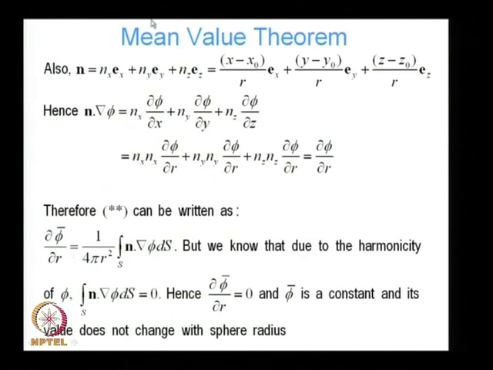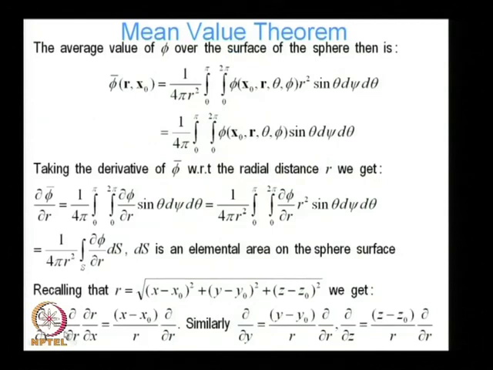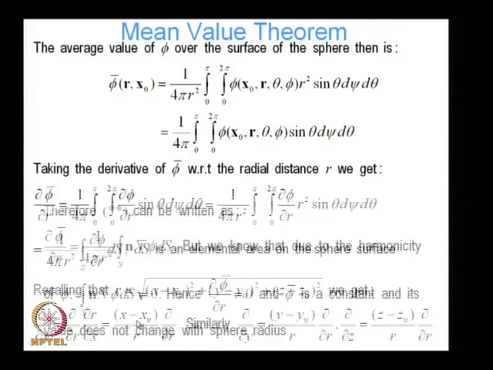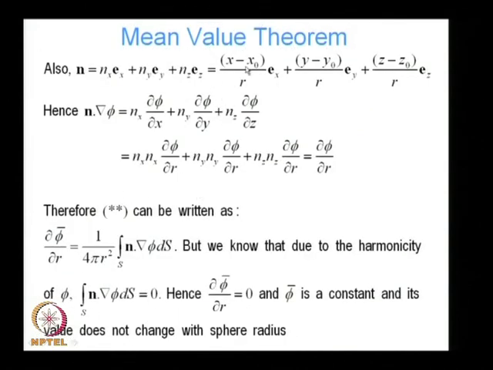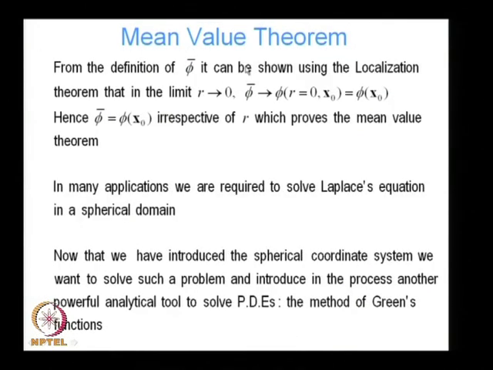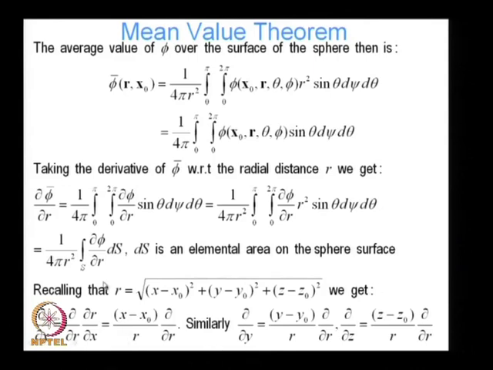But now, what about this? This is del phi del x, right. We have seen that we can write del del x as x minus x 0 by r del del r, right. So, what is this? This we already know is nx, right. We saw that this is nx, right. So, del del x is nx del del r, right.